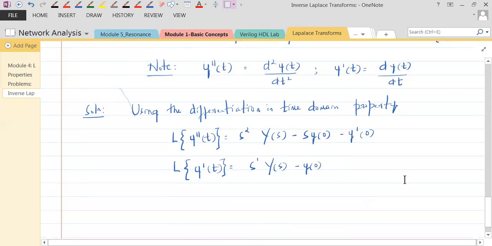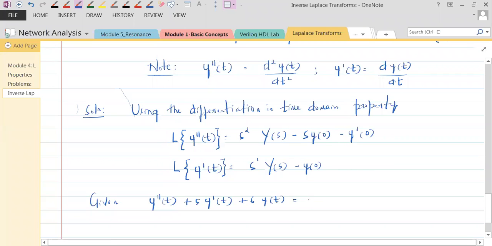Given y double dash of t, that is the second order differential, plus y dash of t, the first order differential, plus 6y of t equal to x of t.